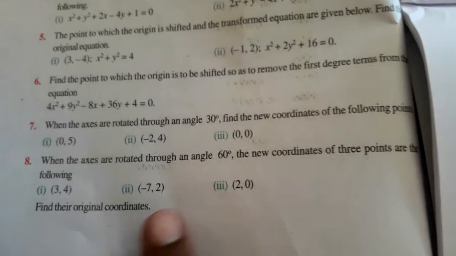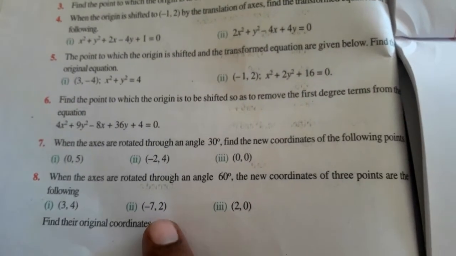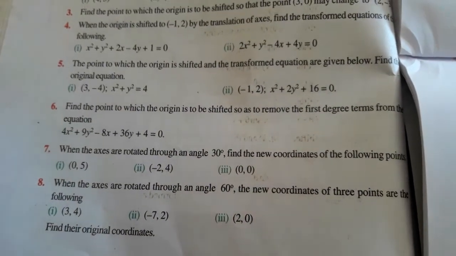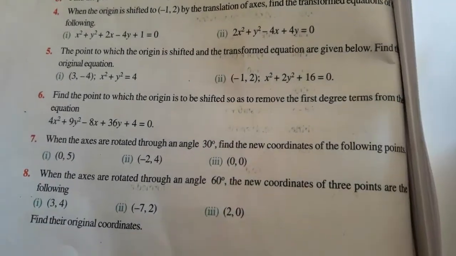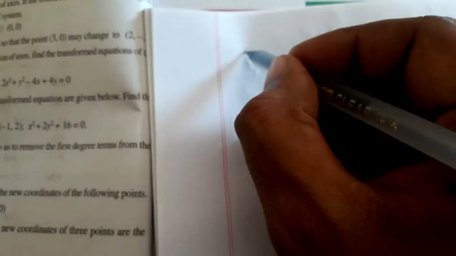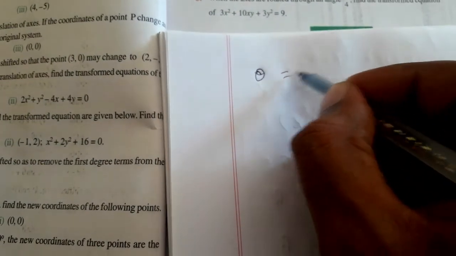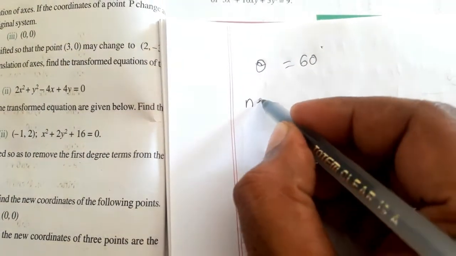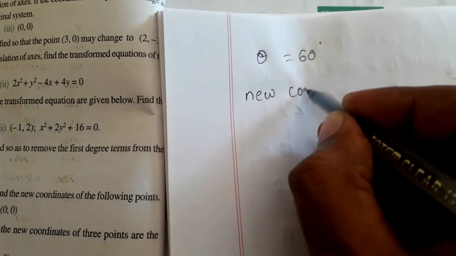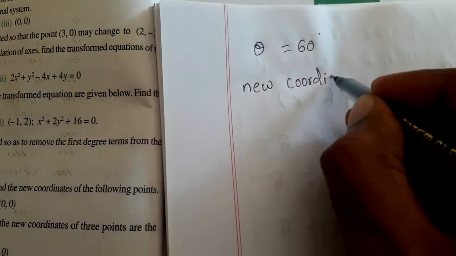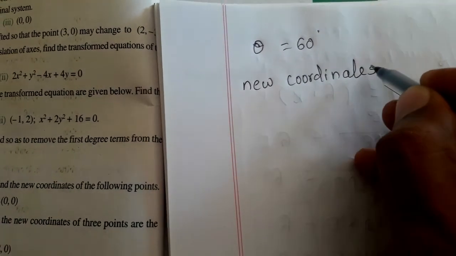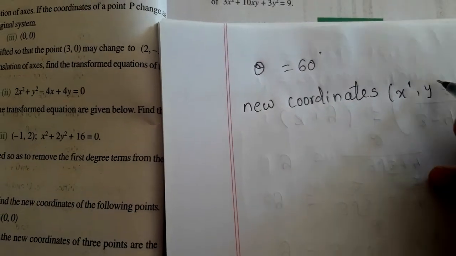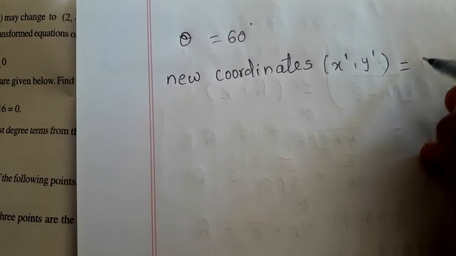So now we will see question number 2. Here the new coordinates are minus 7 comma 2. We have to find the original coordinates. Angle is 60 degree. Same method, same formula. Now we will solve this question. So given theta is equal to 60 degree, new coordinates x dash comma y dash is equal to minus 7 comma 2.